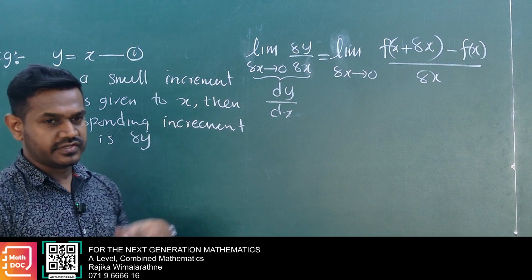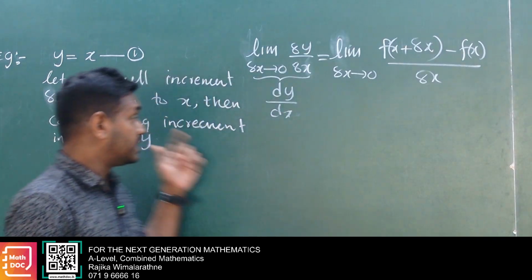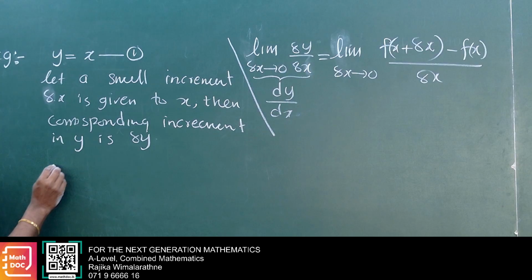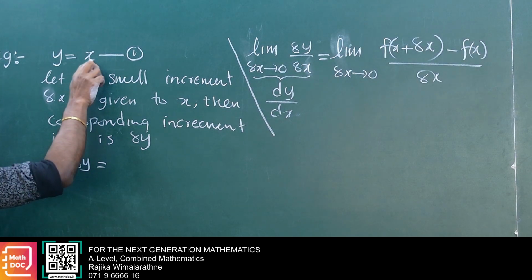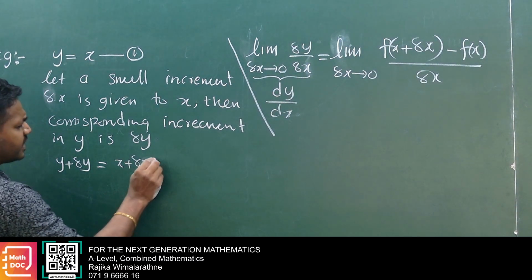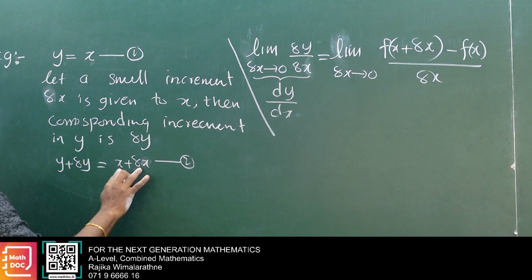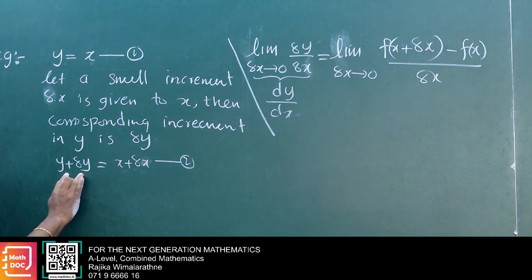So you write y plus delta y, and x plus delta x. When you substitute x plus delta x for x, the corresponding value is y plus delta y.